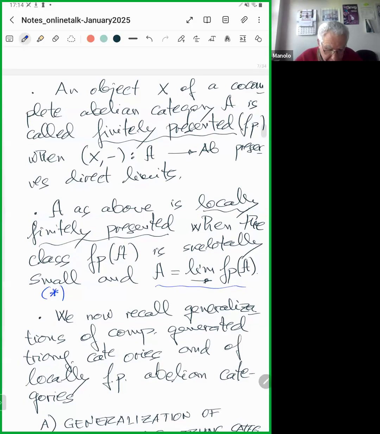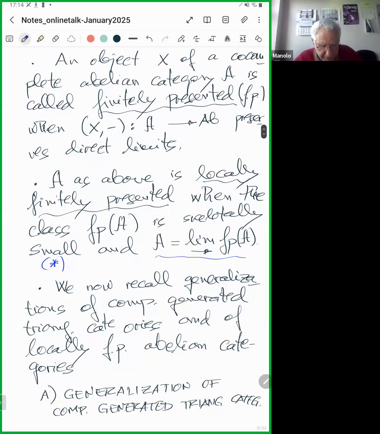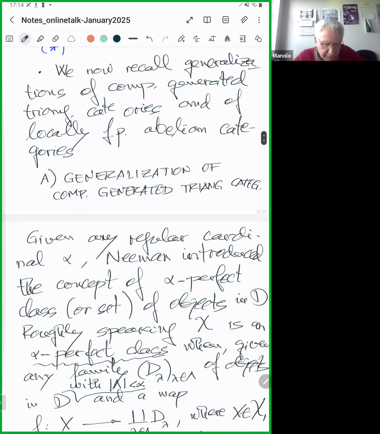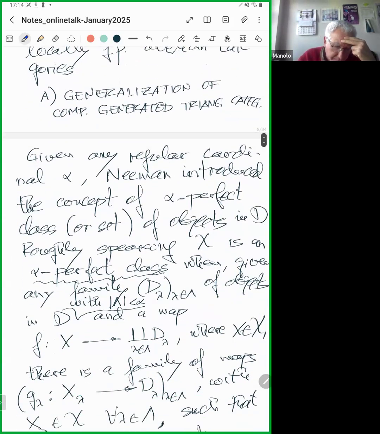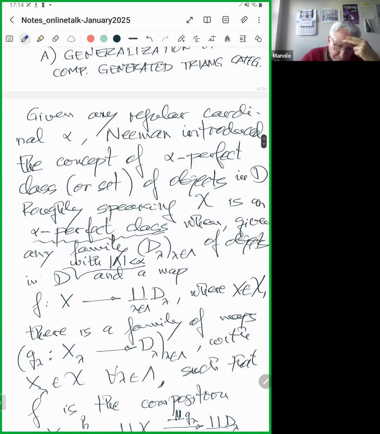And then we now recall some generalizations existing in the literature of compactly generated triangulated categories and of locally finitely presented abelian categories. Let me remind you of some concepts introduced by Neeman in his book.